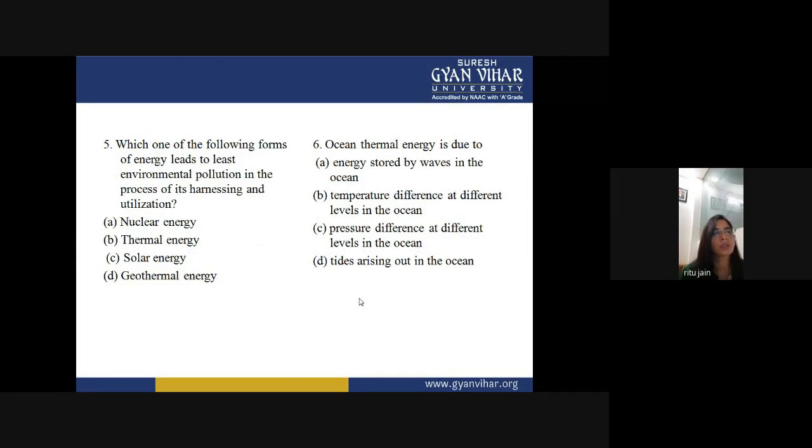Environmental pollution is basically from thermal energy. Next question: ocean thermal energy is due to energy stored by waves in the ocean, temperature difference at different levels in the ocean, pressure difference at different levels in the ocean, or tides arising in the ocean. So this is basically from temperature difference at different levels in the ocean.